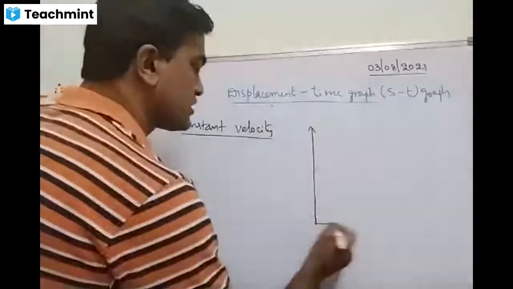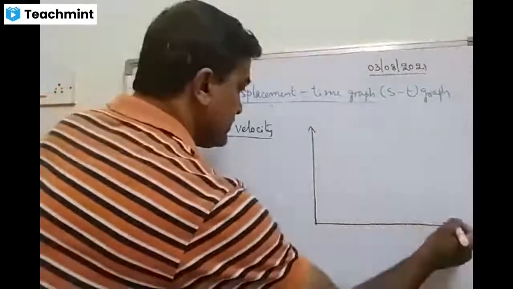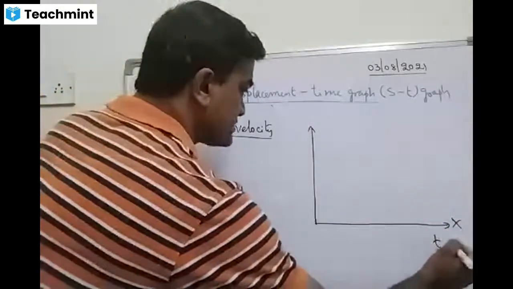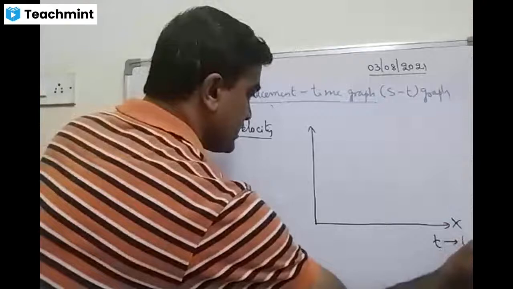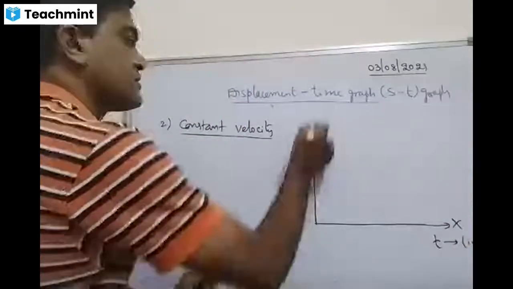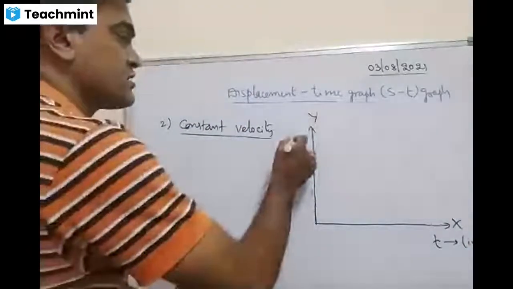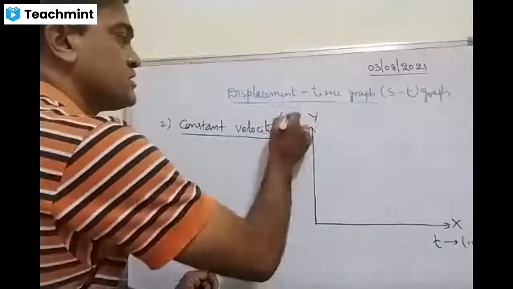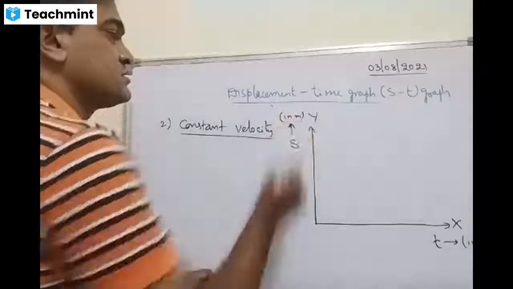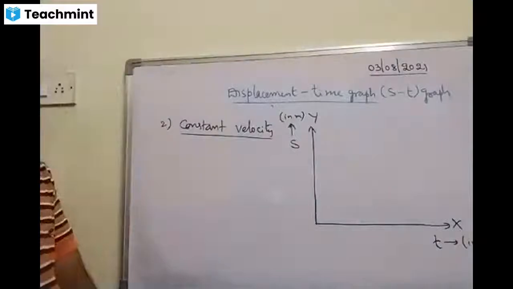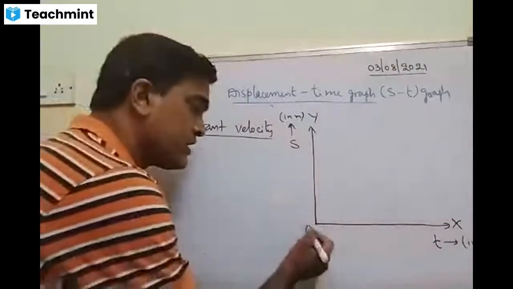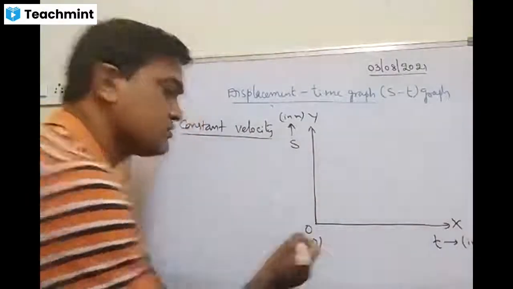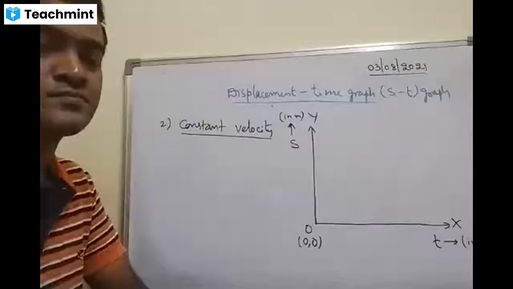Now, if I plot a graph taking time along the x-axis, measured in seconds, and along the y-axis displacement, measured in meters, then let's say at the origin the coordinates are 0, 0.